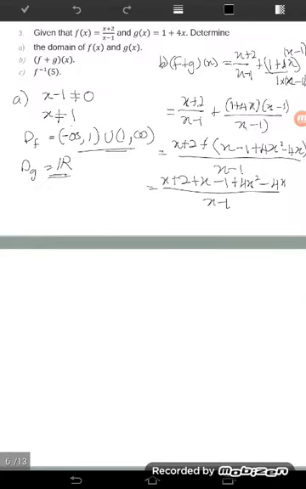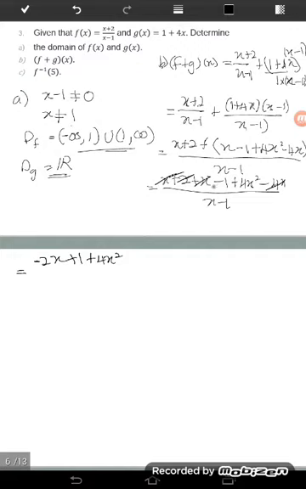Next, okay, so I bring here, it is equal to x plus x minus 4x. So x plus x is 2x. 2x minus 4x is negative 2x. Okay, so this one is already calculated, and then positive 2 minus 1, which is equal to positive 1, and then plus 4x squared. Okay, finished.